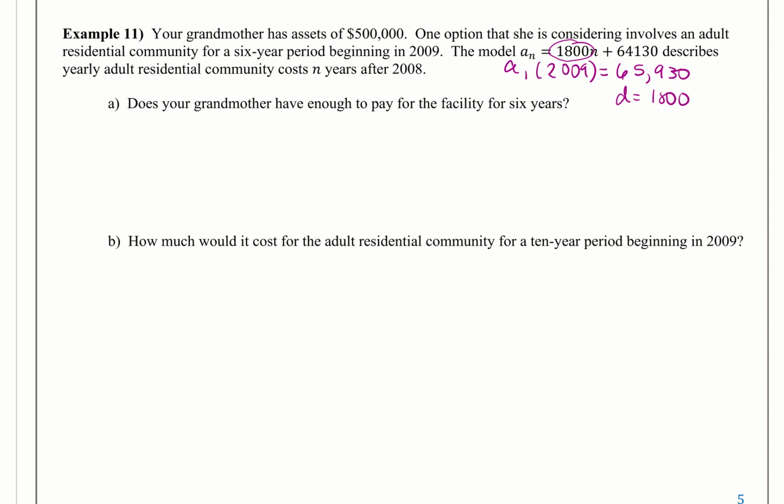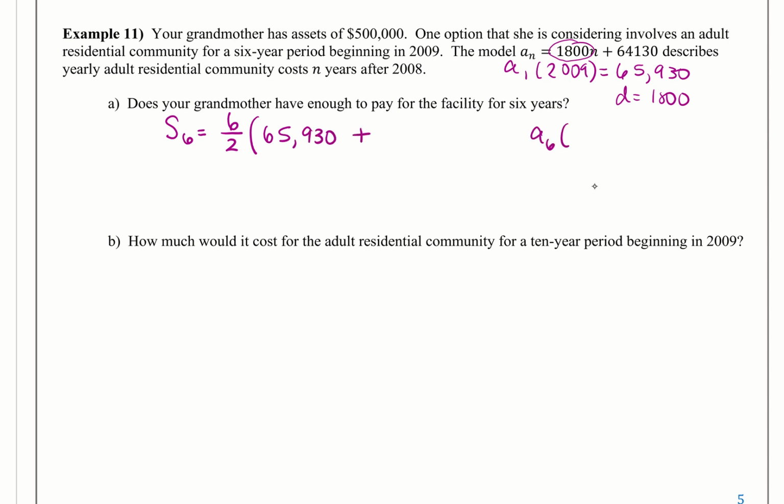So the first thing is we want to see, does she have enough money to pay for the facility for 6 years? Well, if she's paying for it for 6 years, she's paying for it the first year and the second and the third all the way up. We're finding the partial sum of the first 6 years. And so I will use the formula of n over 2, or 6 over 2, times the sum of the first term, which would be that 65,930, plus the sum at the end.